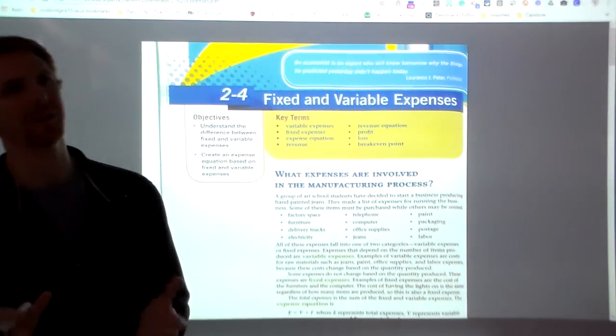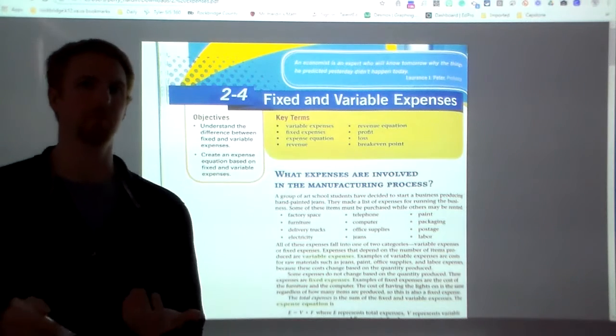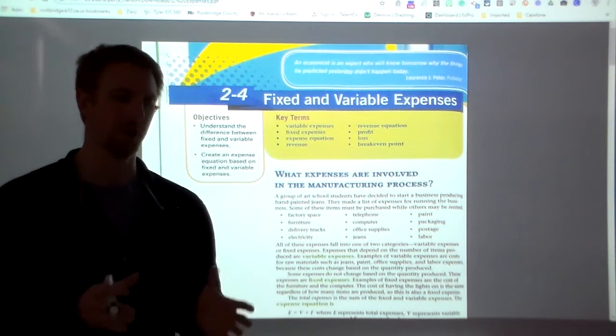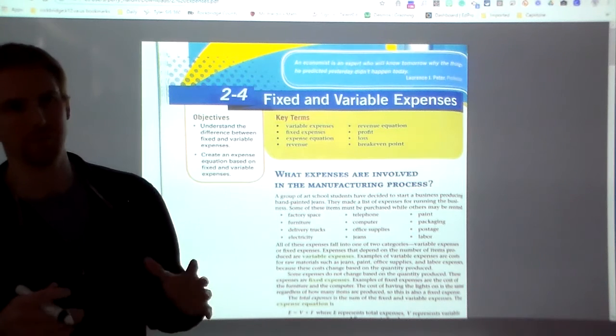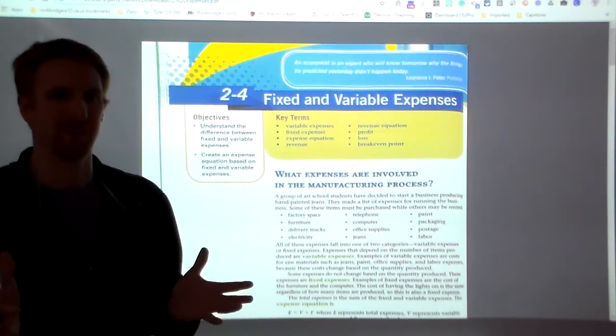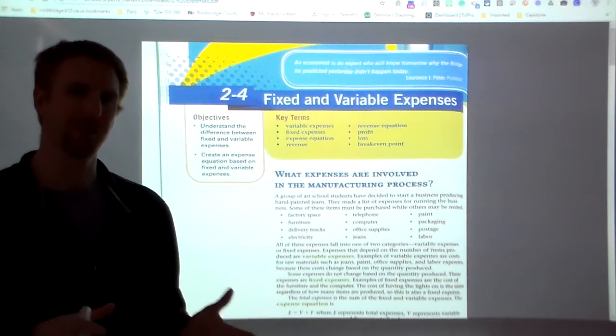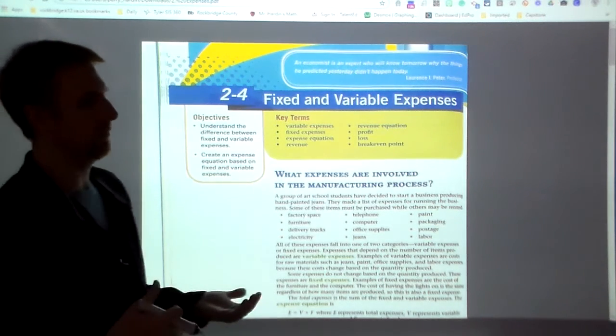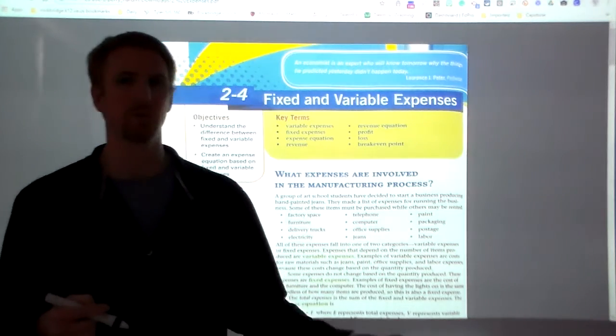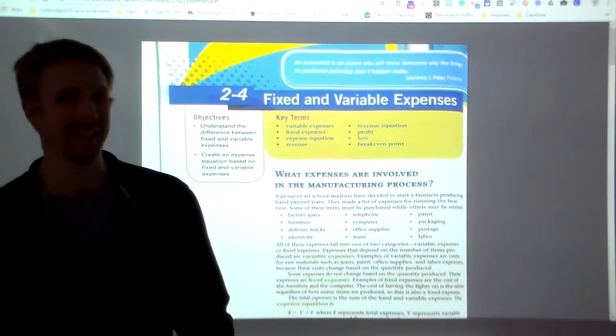Labor, that one can kind of go either way. In the short term, you may not be hiring that many people. So again, think a month's time. I'm probably going to have people not necessarily on a salary, but pretty much the same hours for the most part. And again, this could go either way because maybe you get a friend to come in and help a few hours a week if you need it.